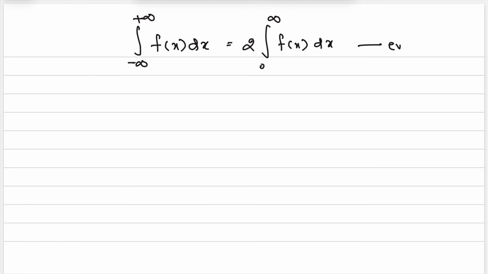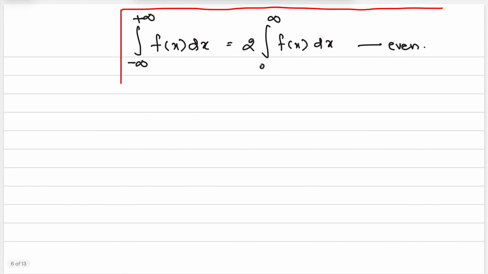For example, the integral from minus infinity to plus infinity of function x dx, if it is even, then we can write it as 2 into the integral from 0 to infinity of function x dx, for even functions. This is another definite integral property. Please remember this also. Very, very important.